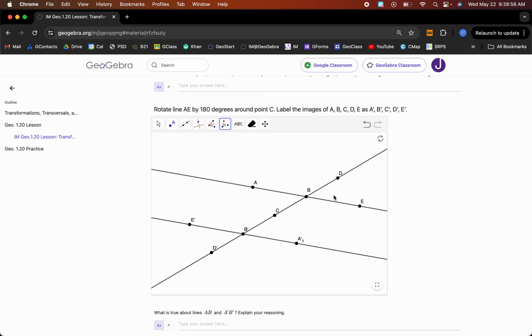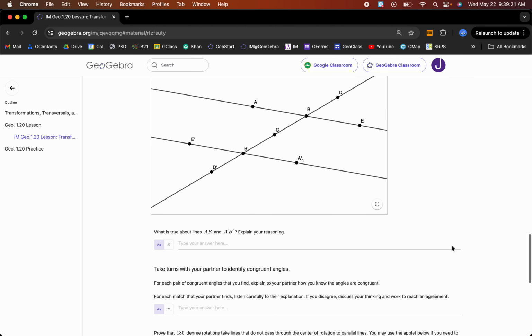Why are they parallel? Because all we did was rotate 180 degrees. If I have something that's going east and west, and I flip it around, then it's going west and east, but it's not getting out of alignment, if you know what I mean. It ends up being like trolley tracks, parallel.